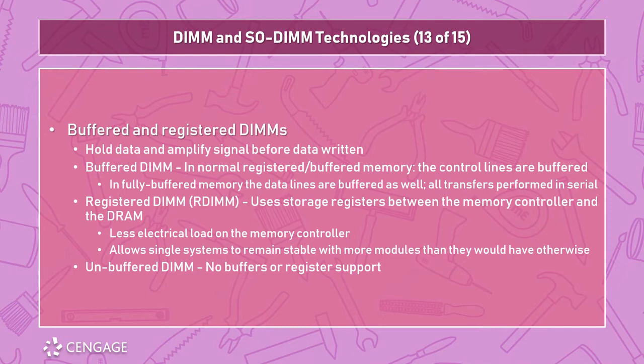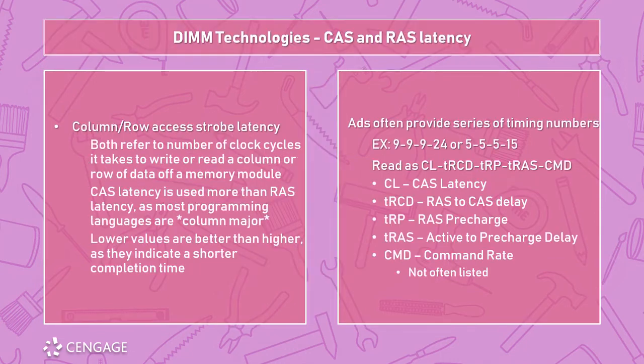So now, with the same power consumption and stability, we can access 6 RAM modules instead of just 4. And then, of course, we can get tricky with timing and things like that to produce even more dramatic effects in certain systems. An unbuffered or standard DIMM has no buffer or register support and does not rely on any external device for correcting or augmenting its data signal.